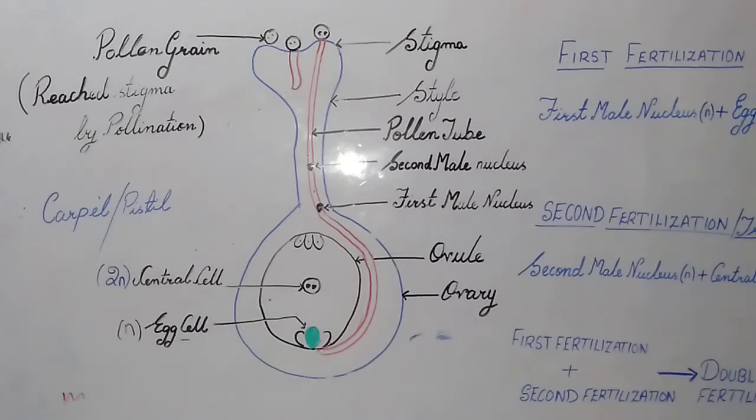Inside the ovary we have ovule, this one. So let's start from the beginning. The female reproductive part consists of stigma, style, ovary. Inside the ovary we have ovule.